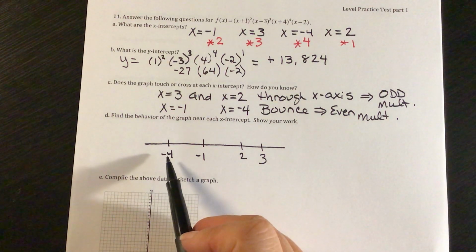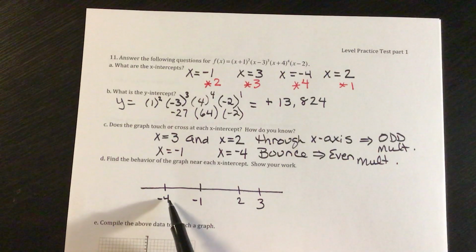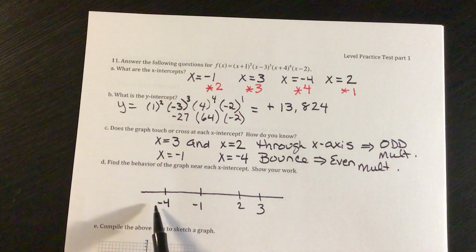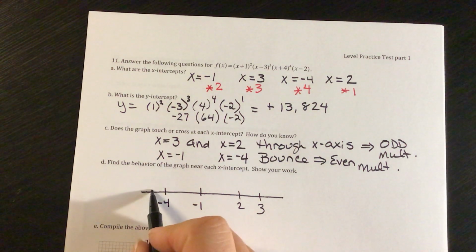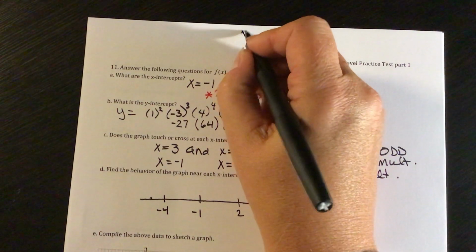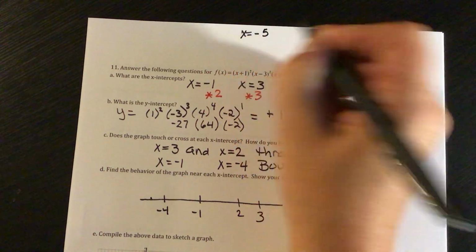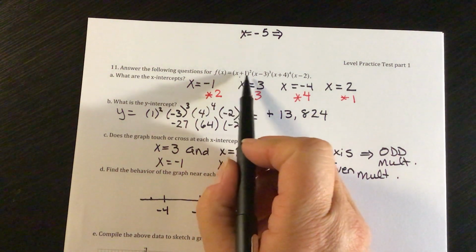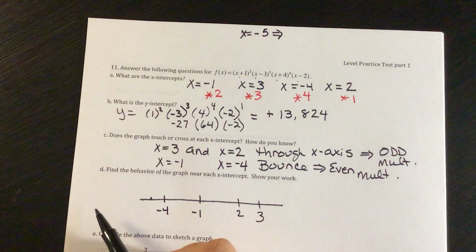If I plug in values into my function for something smaller than -4, so let's pick a number smaller, that would be -5. So I'm just going to say, okay, if x is -5, what happens when I plug that into each of these factors?